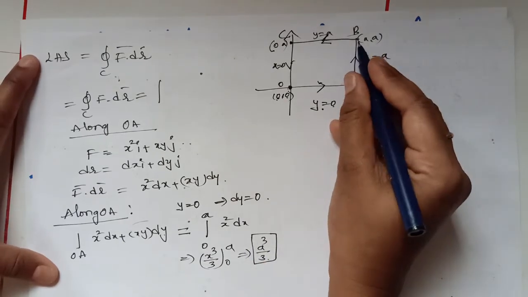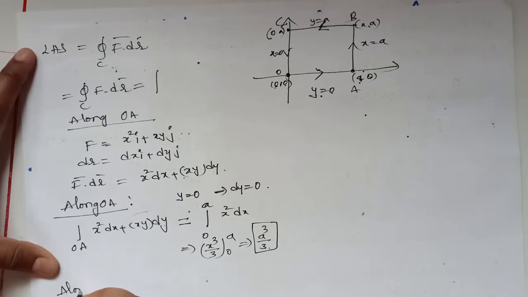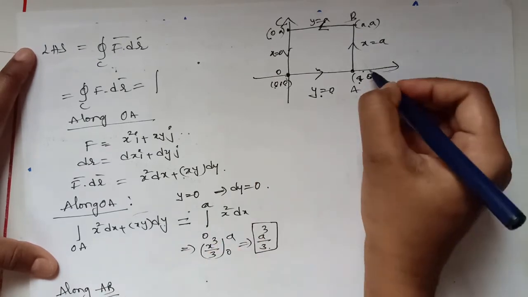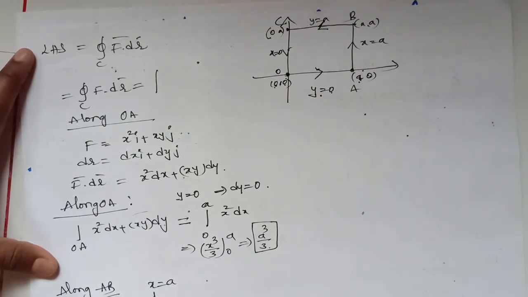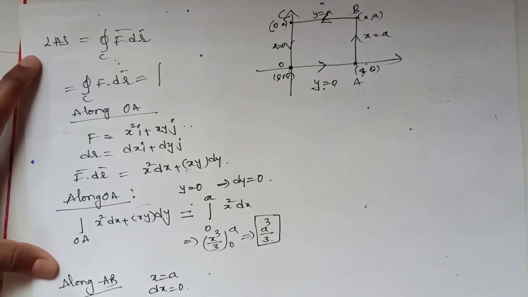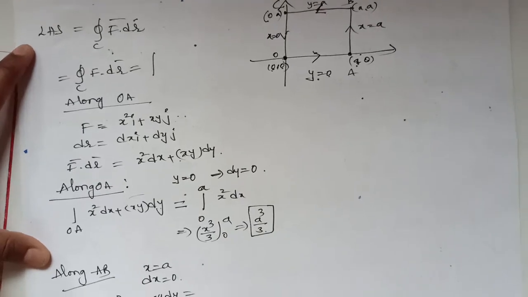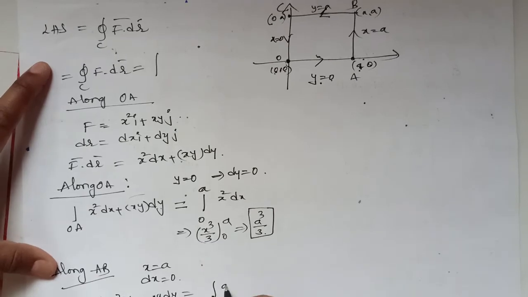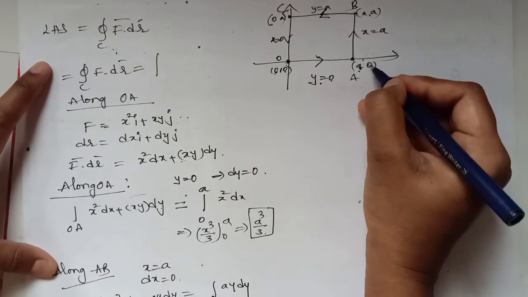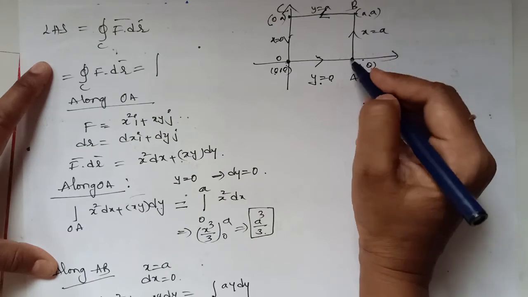Now along AB, x is equal to a. When x is equal to a, dx is also 0. Therefore integral AB x square dx plus xy dy, when dx is 0, this complete term becomes 0. When x is equal to a, it becomes integral ay dy, where y limits are from 0 to a along AB.